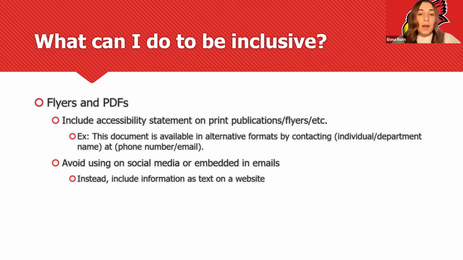If you have no other option but to include an image of a flyer on social media, I would recommend that you put all of the information that's on the flyer in the caption so that a screen reader would be able to get the same information.